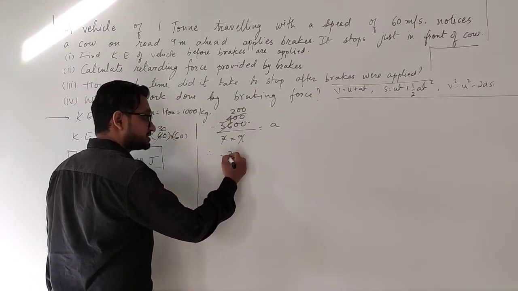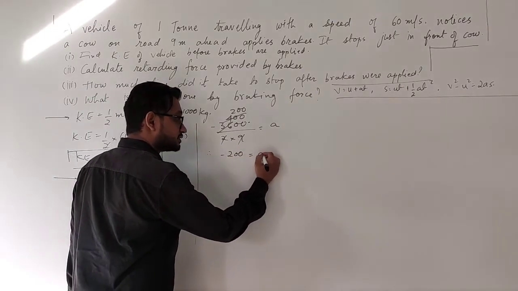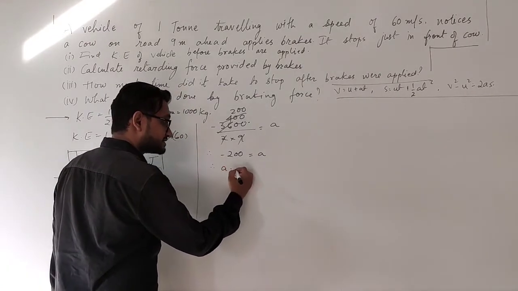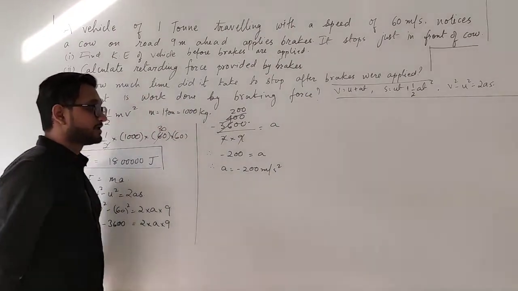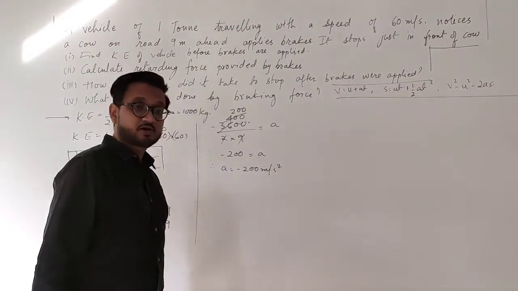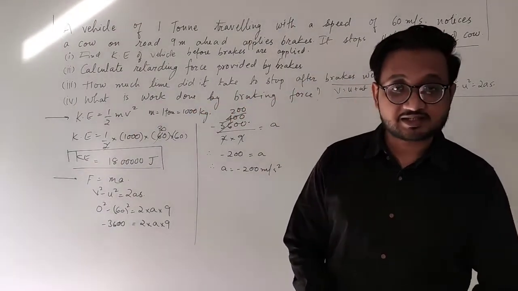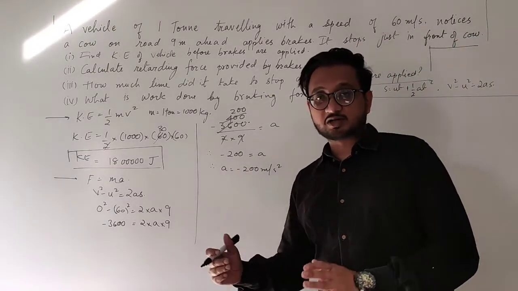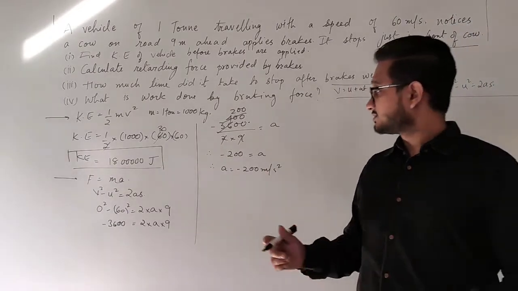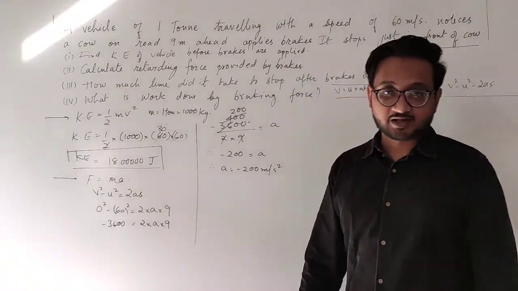Therefore minus 200 is equal to a, or I can write a is equal to minus 200 meters per second square. Now the reason there is a negative sign is because this is negative acceleration, like I said, because the vehicle is stopping, and so the acceleration will be negative.